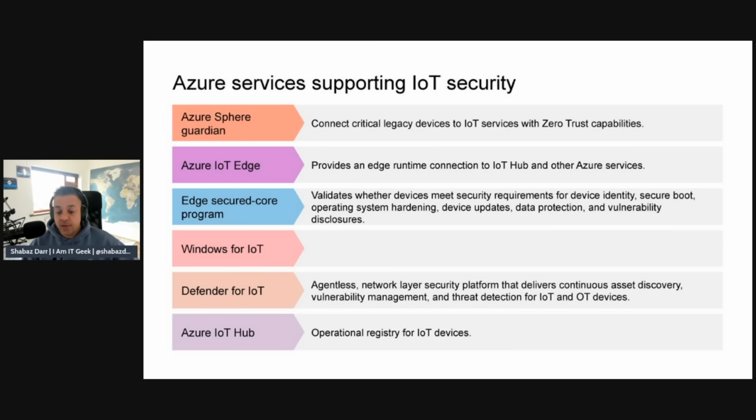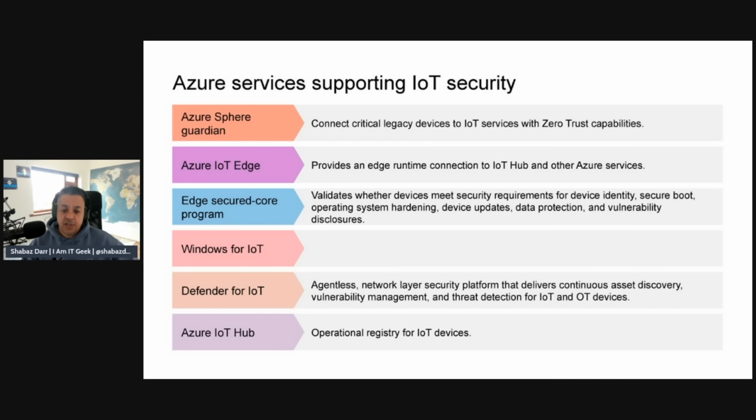This provides an edge runtime connection to IoT Hub and other Azure services and supports certificates as strong device identities. IoT Edge supports PKCS 11 standards for device manufacturing identities and other secrets stored on a trusted platform module, TPM, or hardware security module, HSM.